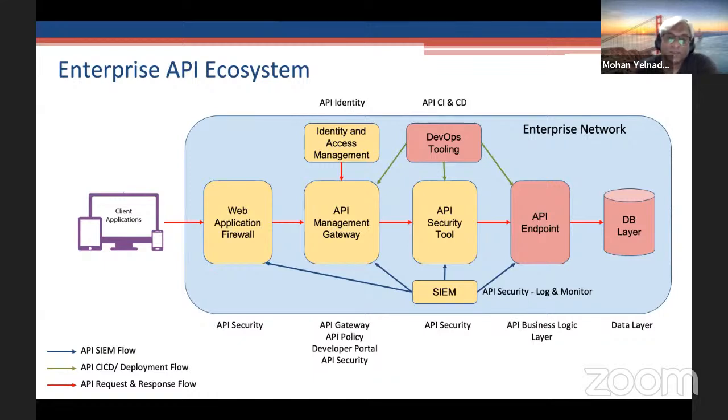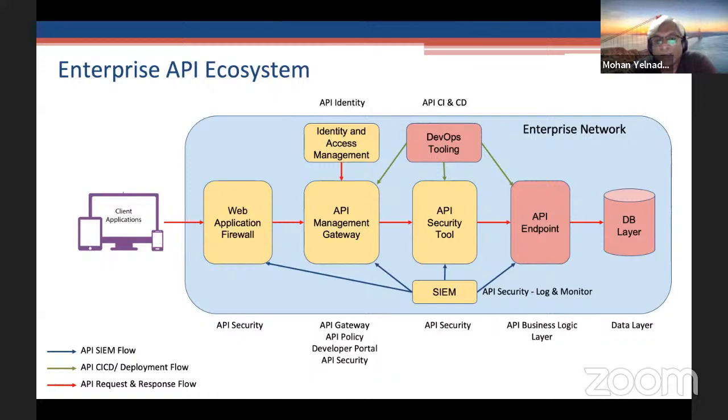So the API security tool works through static analysis and dynamic analysis, and tells the developer, hey, your API is not mature, and this is the score. And this score is less than the threshold score that is required for deployment. Then the development team gets the feedback, they update, and they come back, right? And then API security says, okay, now the score is better, it is above the threshold, I'm allowing you to deploy.